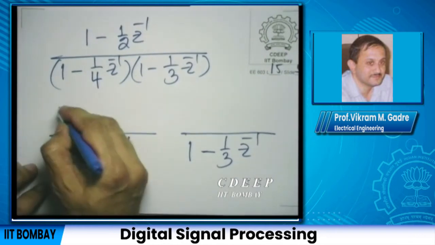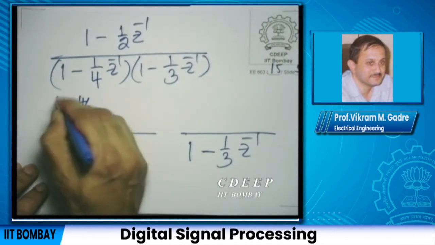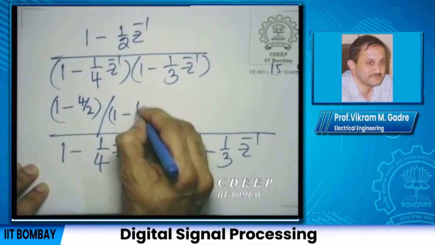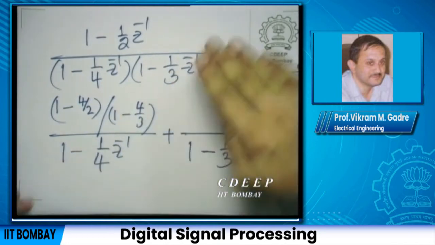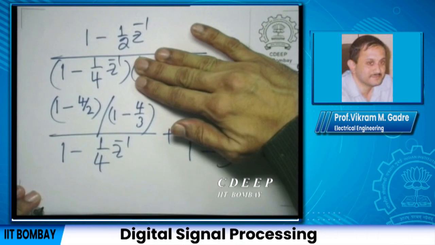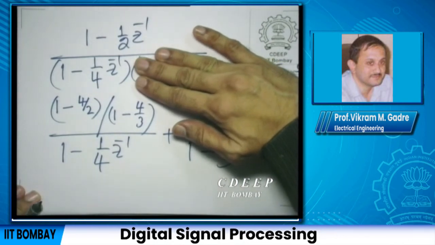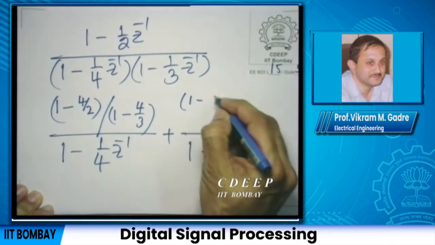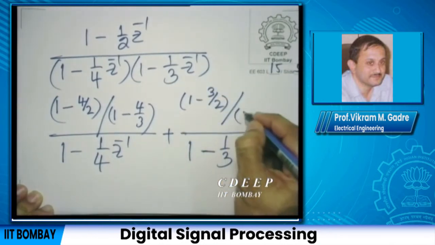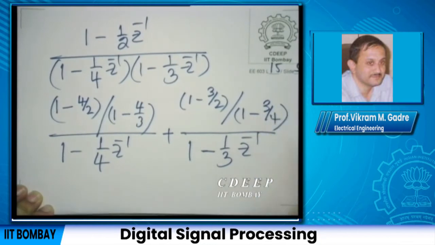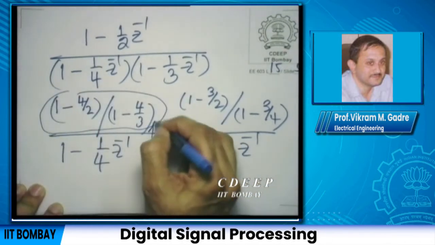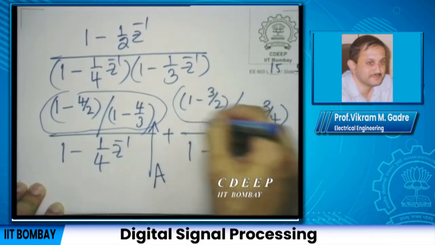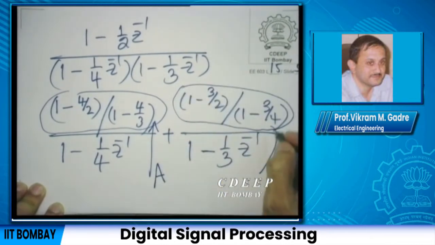So, I get 1 minus 4 by 2 divided by 1 minus 4 by 3. And here I get, by multiplying by 1 minus 1/3 z inverse and putting z equal to 1/3, 1 minus 3 by 2 divided by 1 minus 3 by 4. Now, of course, you can evaluate these. So, let me call this whole thing, I am not terribly worried what it is, let us call it A, and let us call this whole thing B.